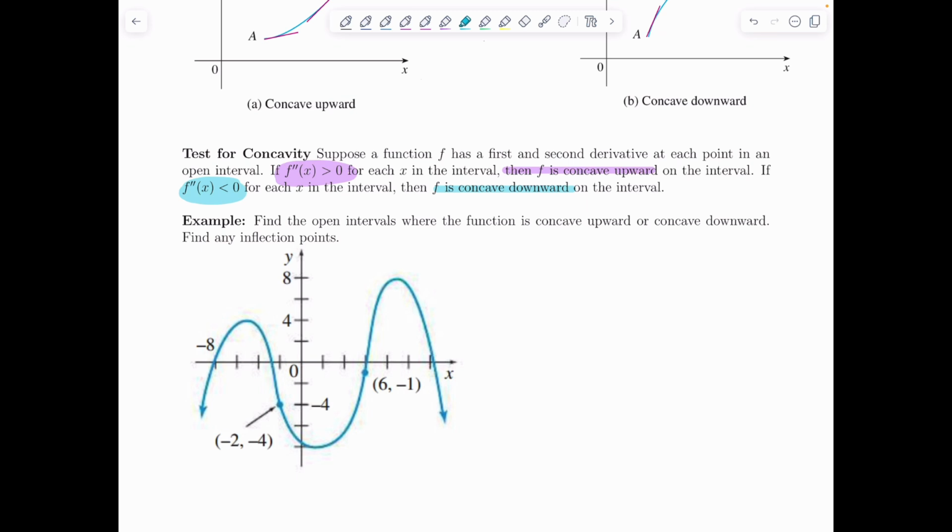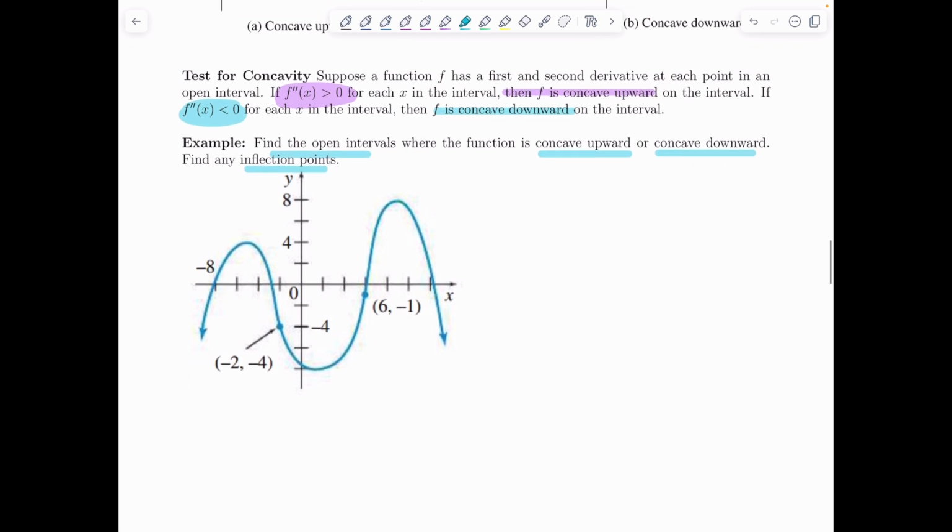Let's just look at an example here without actually computing the second derivative, but just make sure that graphically we can identify the concavity correctly. So find the open intervals where the function is concave upward or concave downward. And then find any inflection points. Remember, that's where there's a change in concavity. So this looks sad to me, down like a frown.